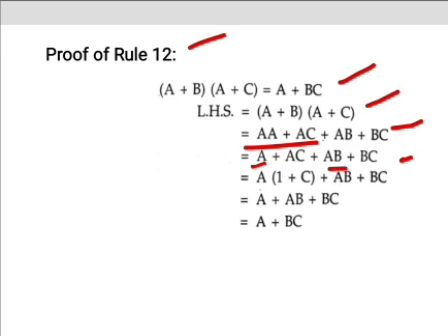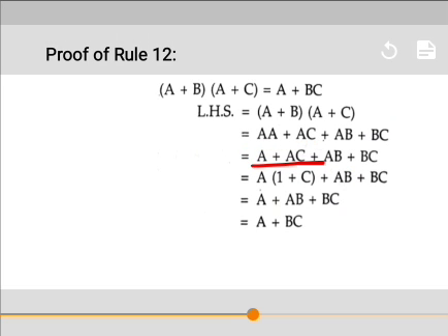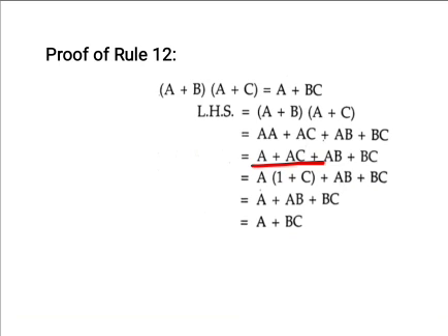And next, A into 1 plus C. I am taking the common in this, A into 1 plus C, plus BC. So, 1 plus C equals 1, because rule number 2 says 1 plus A equals 1. So, A plus AB plus BC.